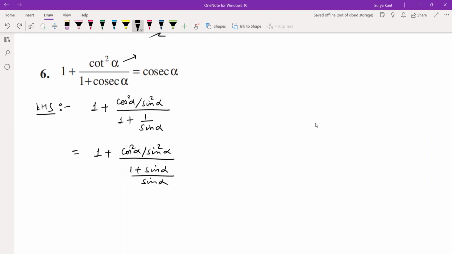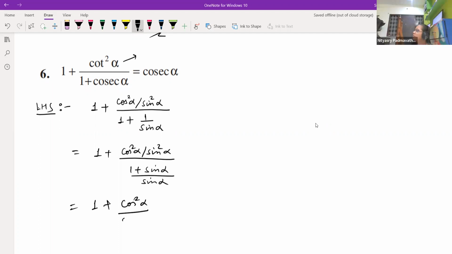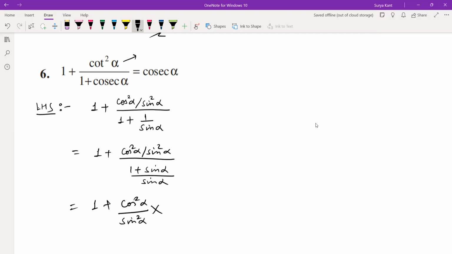Okay. So next we can write it as 1 plus cos square alpha. Reciprocal, yeah, reciprocal we do now. Sine square alpha into sine alpha divided by 1 plus sine alpha. So sine square and sine square will get cancelled.